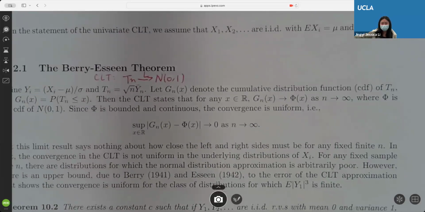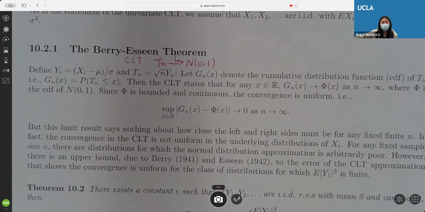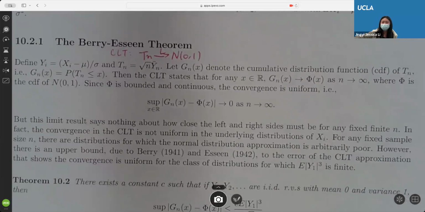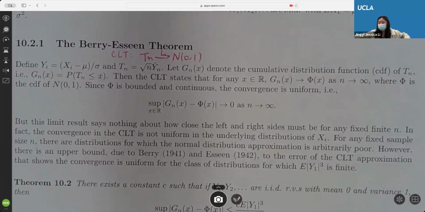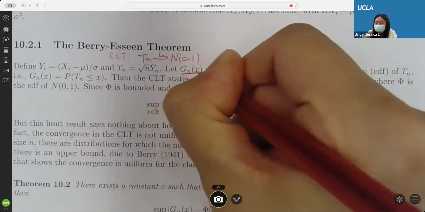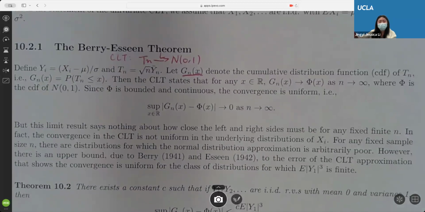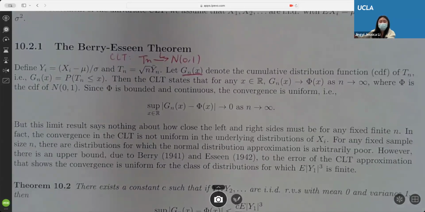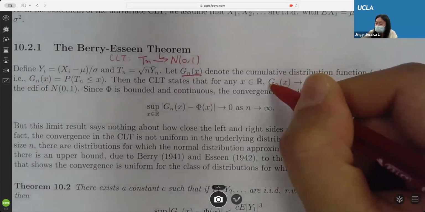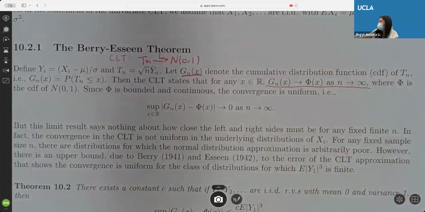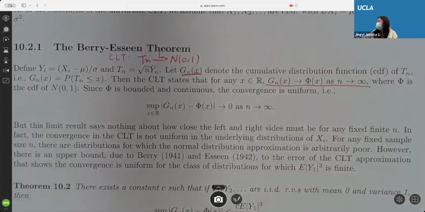Let Gn(x) denote the CDF, cumulative distribution function, of Tn, that is, the probability of Tn less than or equal to x. Then the CLT states that for any x, Gn(x) converges to Phi(x), where Phi is the CDF of the standard normal. This is exactly the definition of convergence in law, the point-wise convergence of the CDF.